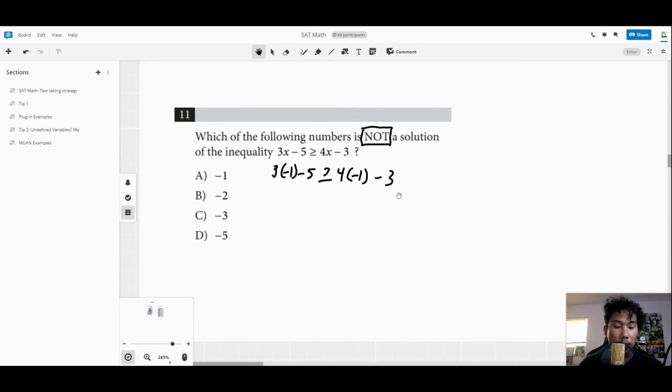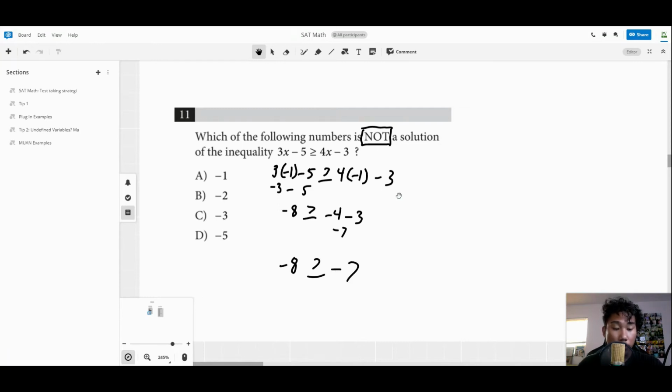So that gives me on the left negative 3 minus 5, which gives me negative 8, which is greater than or equal to negative 4 minus 3, which is negative 7. So the end result is negative 8 being greater than or equal to negative 7.